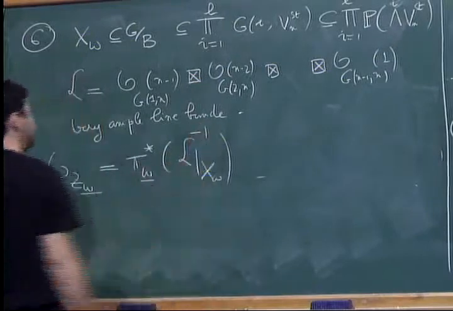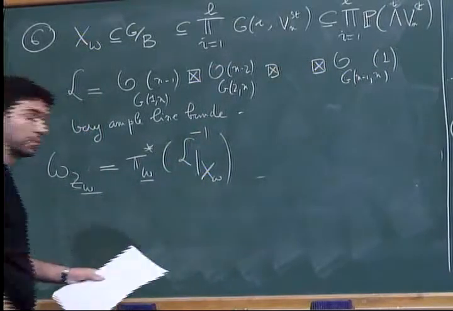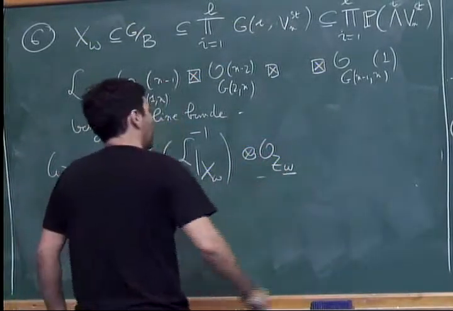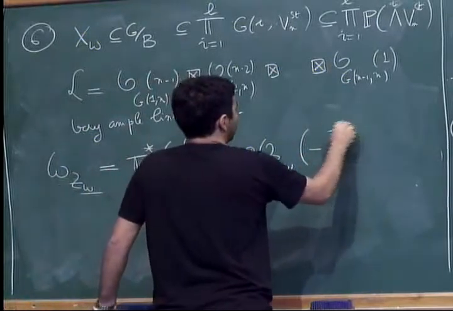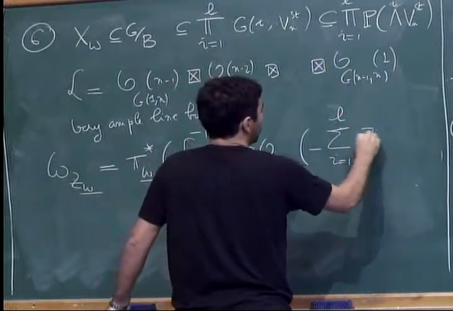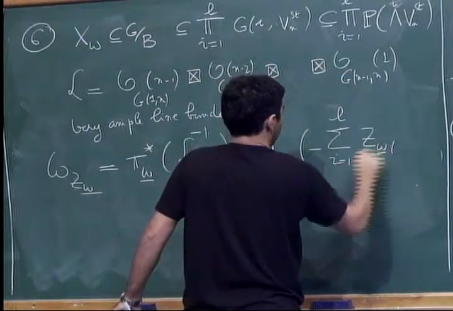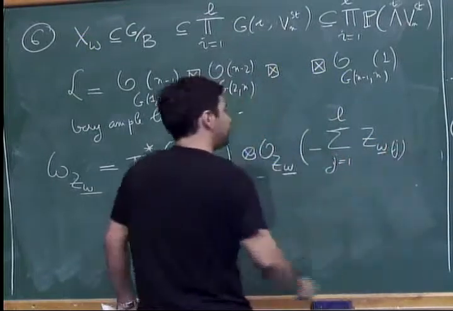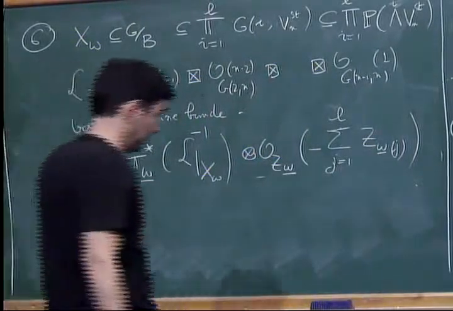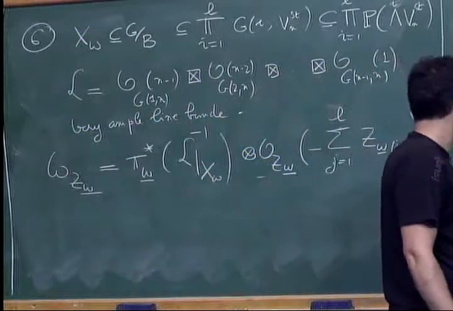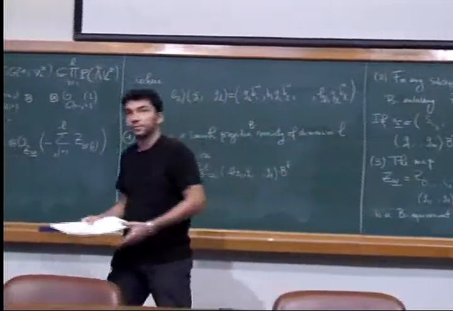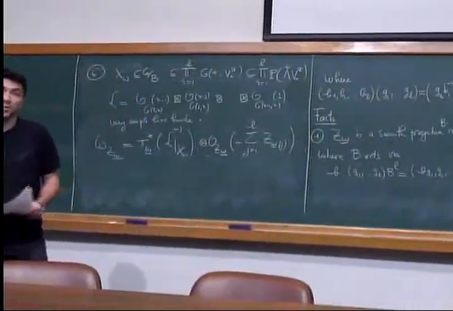You put a minus 1 because the anti-canonical class tends to be very positive, and you have to tensor with the sum, for i from 1 to L, of the divisors Z introduced before. You just have to compute intersection numbers, for instance using the description as a tower of P1 bundles. Again, this has nothing to do with the Frobenius method.